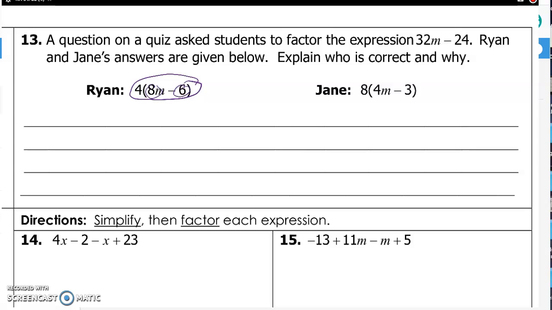So that one is not completely factored. So Jane is correct because there are no more numbers that go into both 4 and 3. So again, that's how you know that you're factored, is because you can't have any more numbers that can be divided into the numbers that are on the inside.